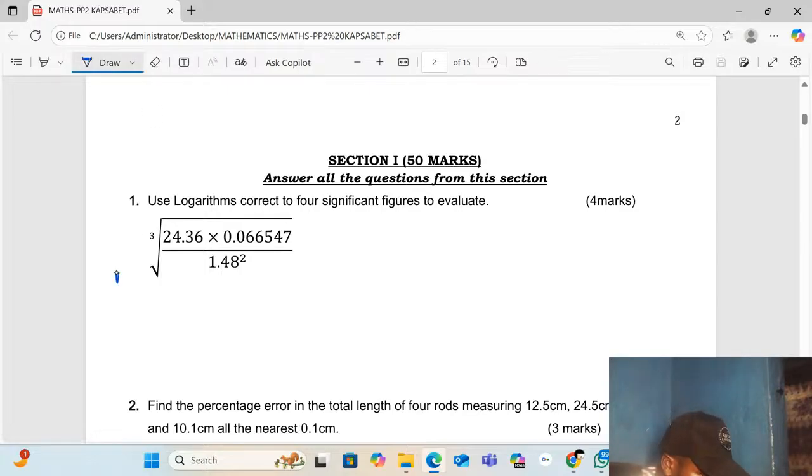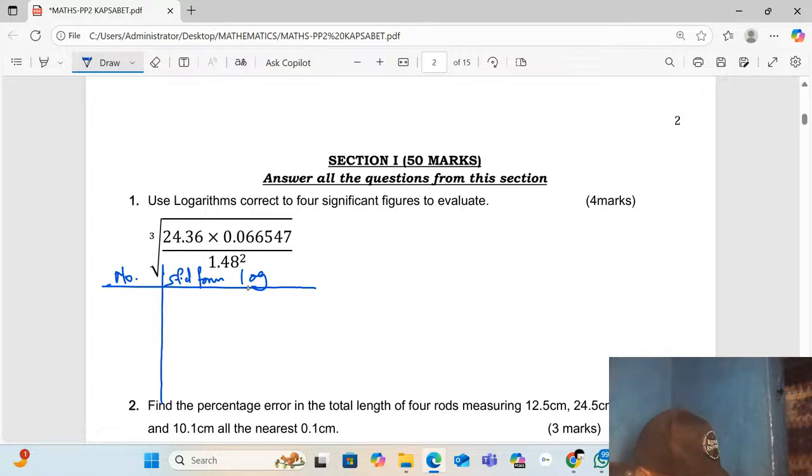We have the number, we have the standard form, then we have the log. Number, standard form, then log. You can have that table.